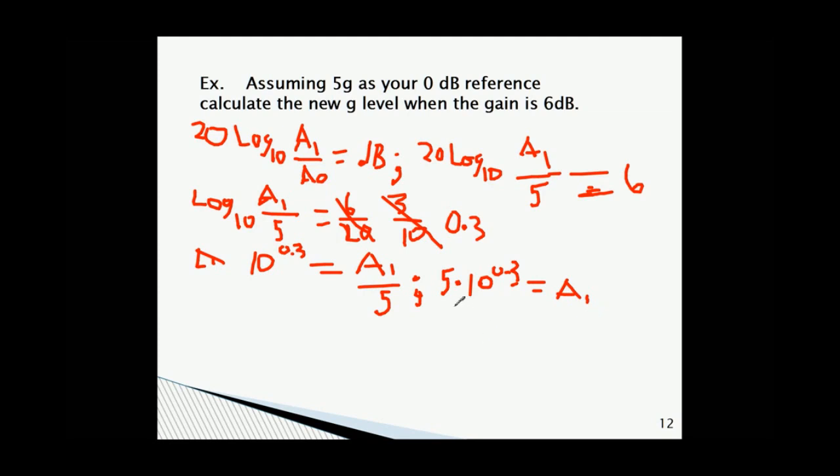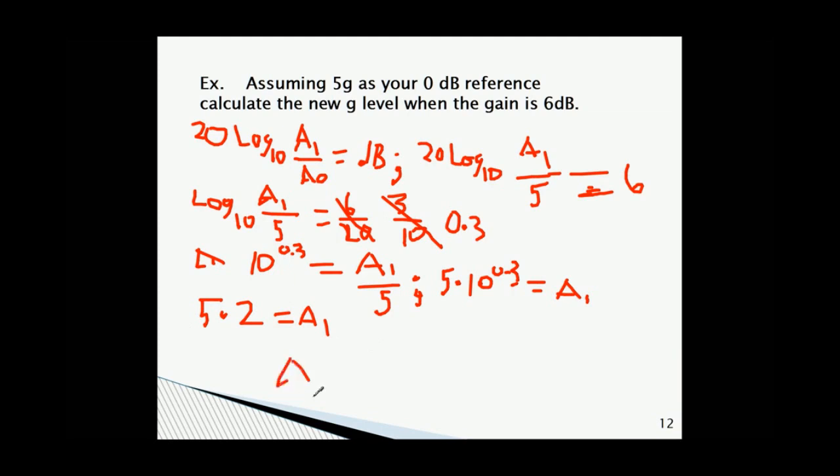Now, 10 to the power 0.3 becomes a value that is 1.98, and there's some other numbers to it, but we're going to go ahead and round it up to 2. So this becomes 5 times 2 equals A1.